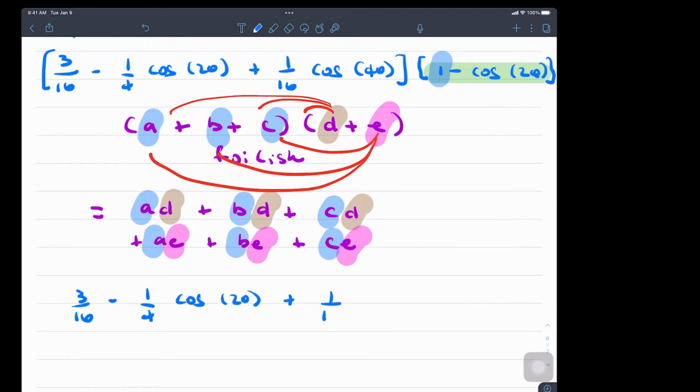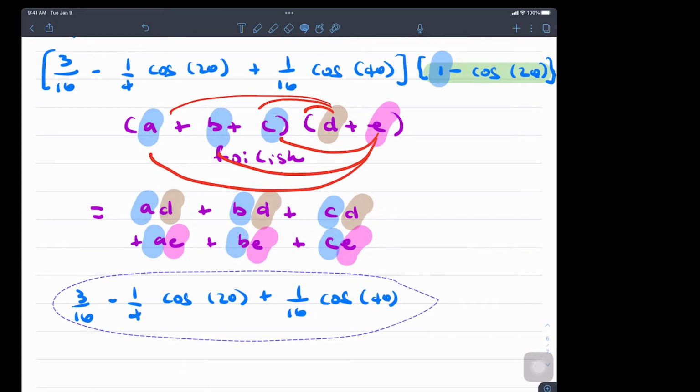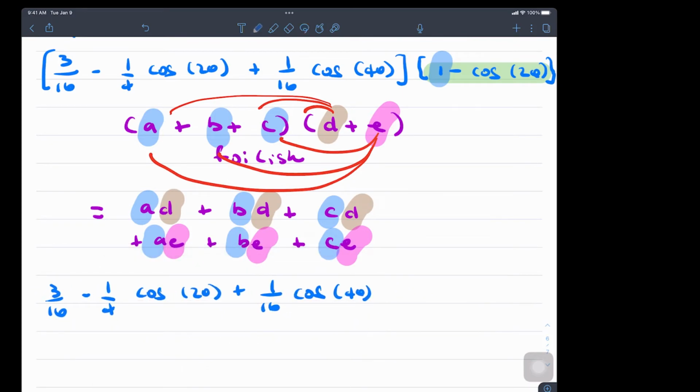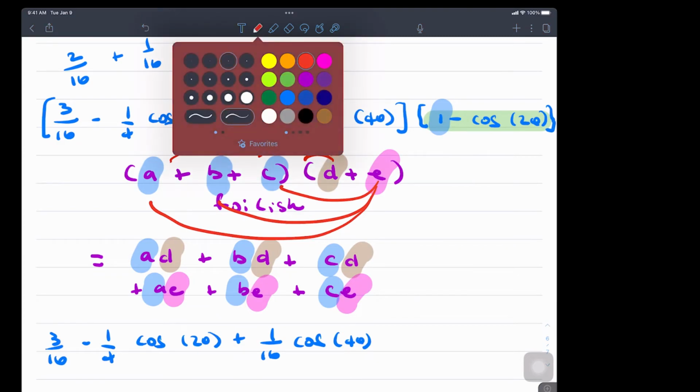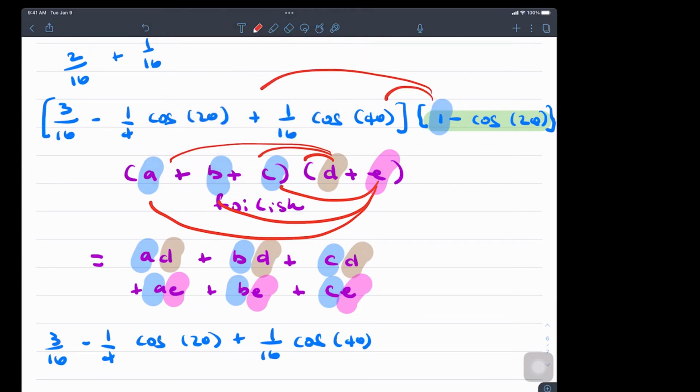Plus what? 1/16 cosine 4 theta. That's 1 times all those terms, okay?